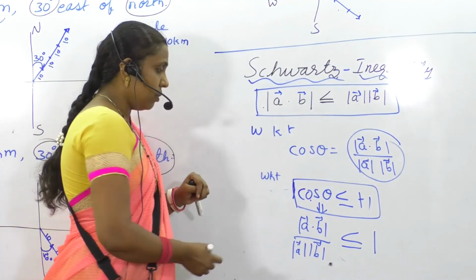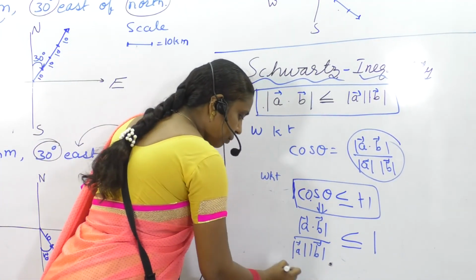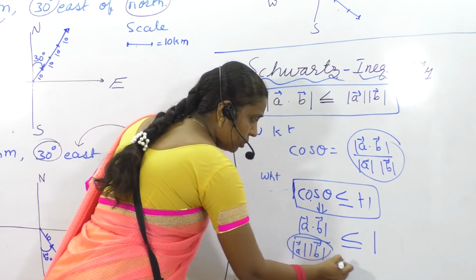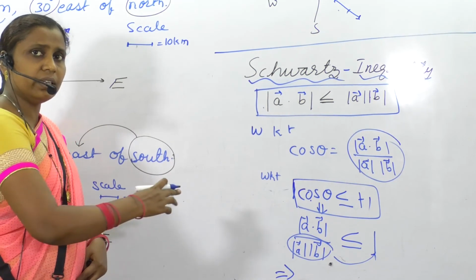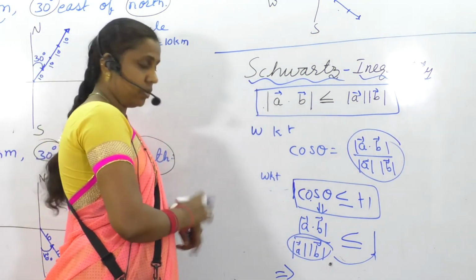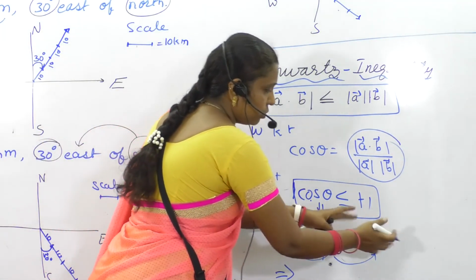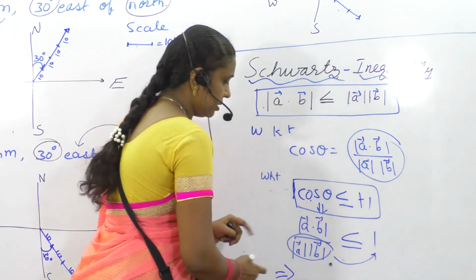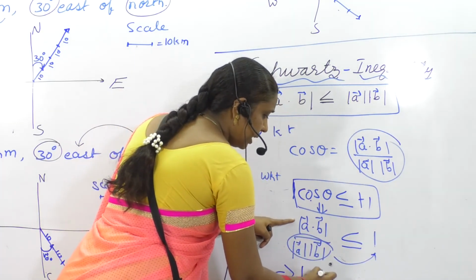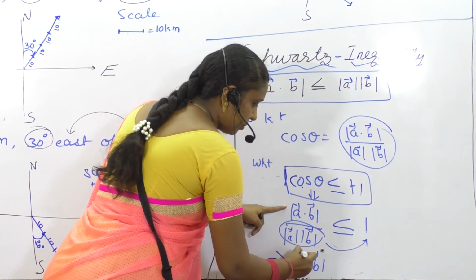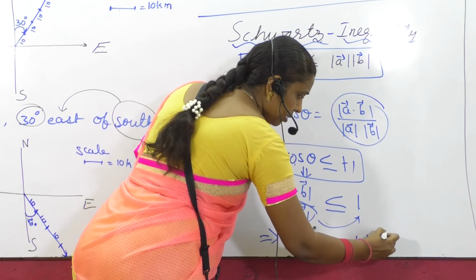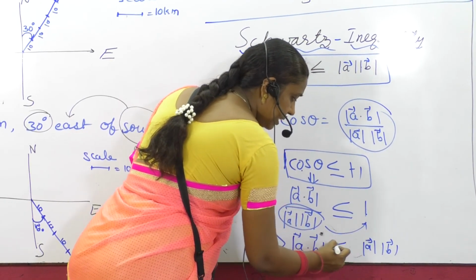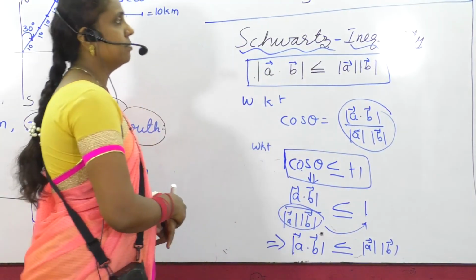Am I right? Okay. Now what will we do? We will shift this denominator to the numerator of the RHS. We will shift this to the RHS. That's it. Magnitude A dot B is less than or equal to 1 into magnitude A, magnitude B, and in between the relation as it is.